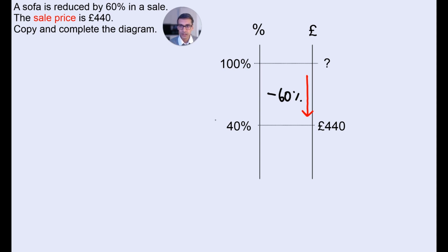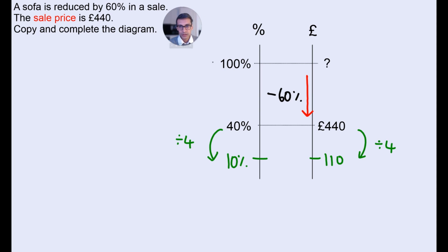Let's do that this time. So let's work out what the original price is. Well, if 40% is 440, we can work out 10% by dividing by 4. Now, these arrows where I show I'm dividing by 4, you don't always have to do them. I'm doing them because I'm explaining it. So 440 divided by 4 is going to give you 110.